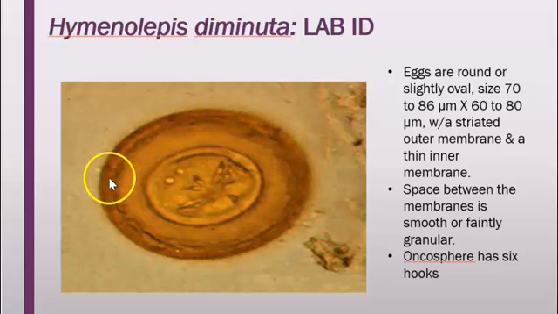Striated meaning it kind of looks like it has stripes or striations, and a thin inner membrane, and there's space between the membranes that is smooth or faintly granular. So in this area it could look like there are grains or granules, and the oncosphere has 6 hooklets. So the inside of the embryo would have 6 hooklets. There's 1, 2, 3, 4, 5, 6. So those are your hooks.